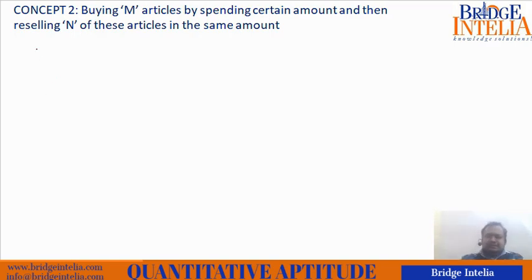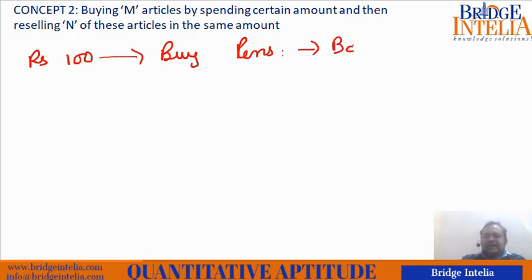Please understand something. Let's suppose I have rupees 100 with me. I took rupees 100 to the market to buy pens. So I bought 10 pens.